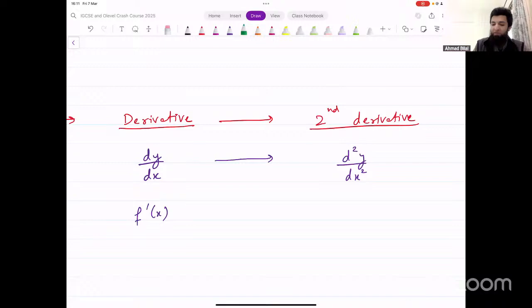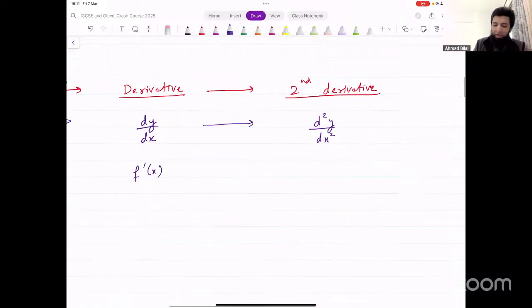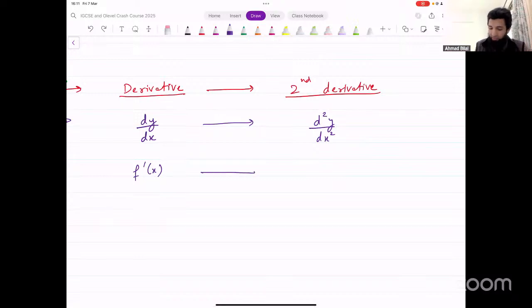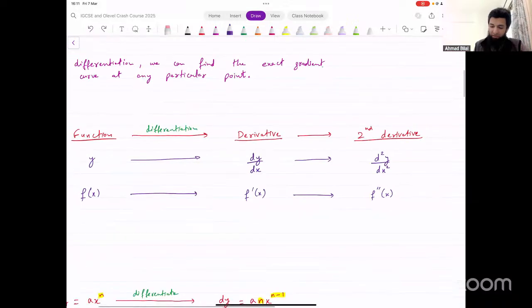That's the notation that we use, d squared y over dx squared. You need to remember that. If it's f of x notation, the second derivative is f double dash of x, f double prime of x. f dash of x is the first derivative and f double dash of x is the second derivative.